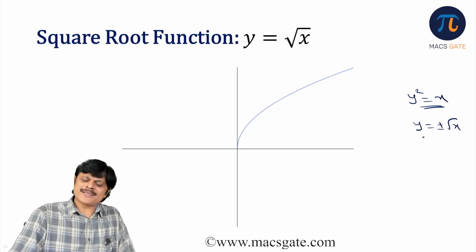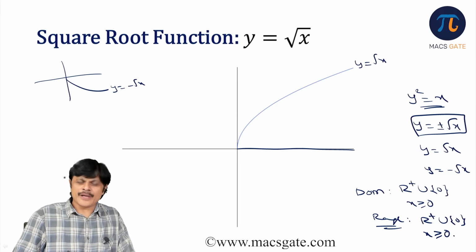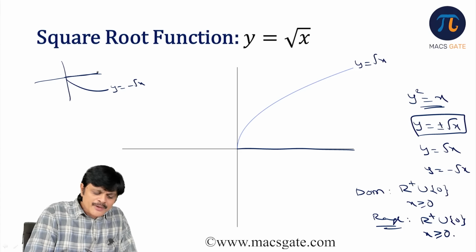But whereas for y is equal to minus root x, domain would be R plus union 0, but the range would be R minus union 0. It takes only negative and 0 values, right? This is the domain and this is the range. Am I clear? So that is about the root x function.